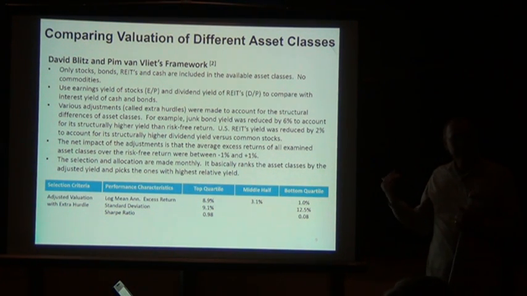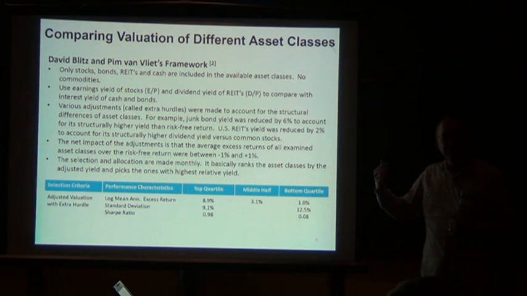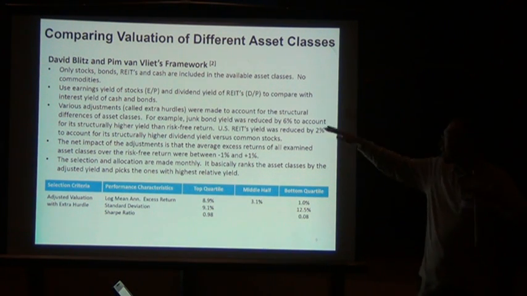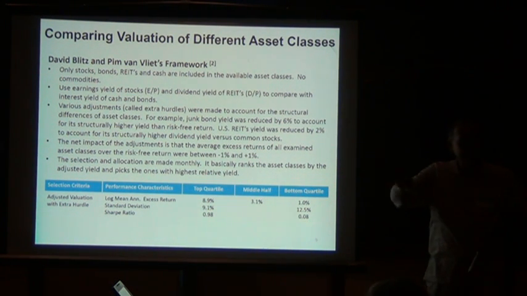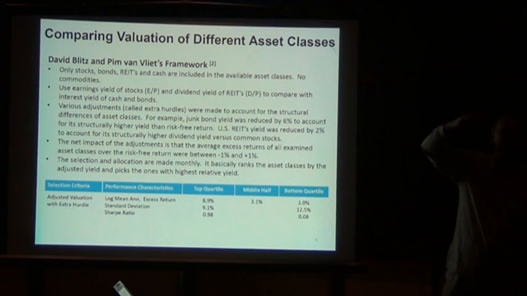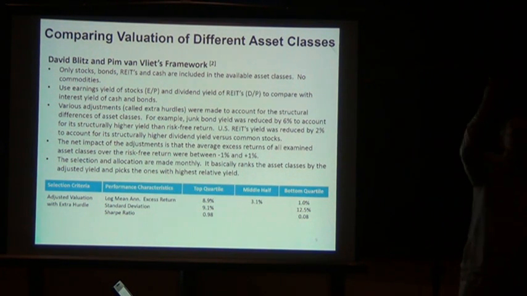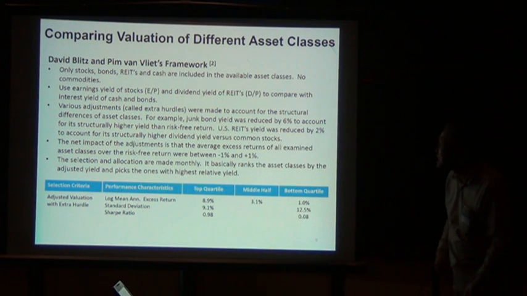So what this is saying is that after the adjustment for the extra hurdle, most of the asset classes in the study should be about 0 or so. So when one is doing very well, the yield is much higher, meaning it's much cheaper, and that causes you to buy into that particular asset class.